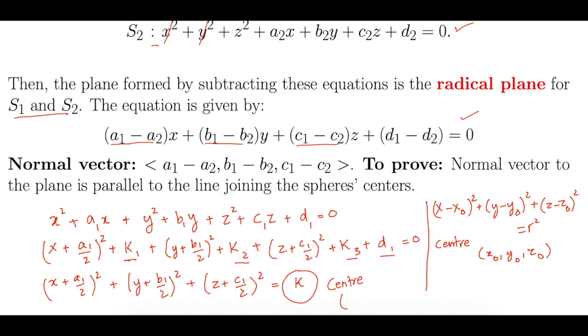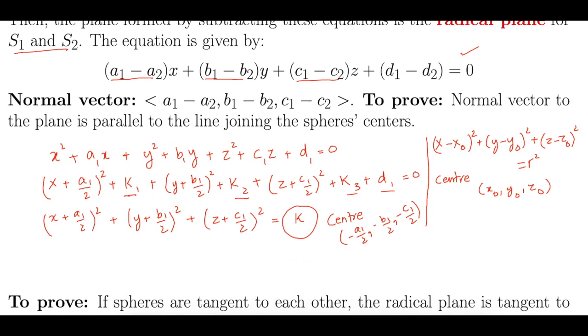So the center of this sphere is minus a1 over 2, minus b1 over 2 and minus c1 over 2, correct? And similarly the center for S2 will be minus a2 over 2, minus b2 over 2 and minus c2 over 2, correct?